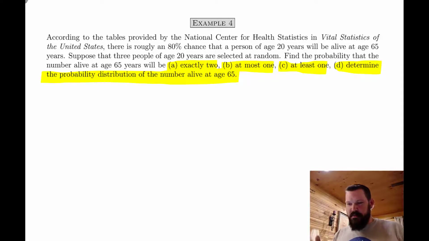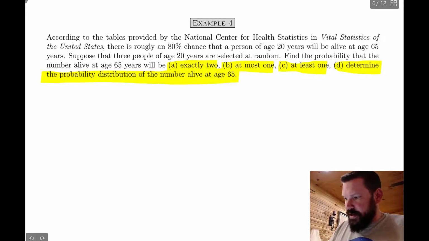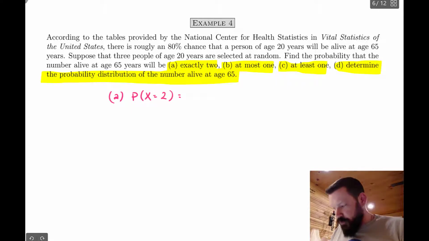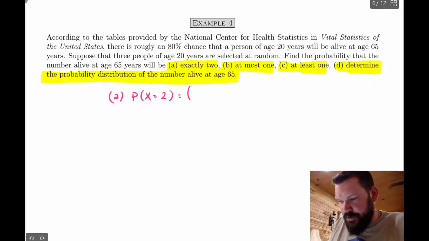So we're talking about using the formula, and for part A, it's the probability that our discrete random variable is equal to exactly 2. So using the formula, we have 3 people to choose from. We are looking for 2 people being alive.